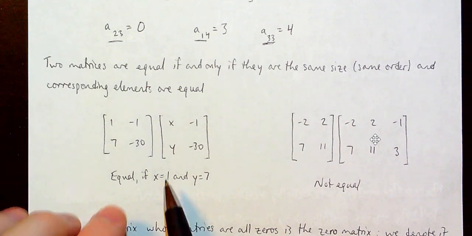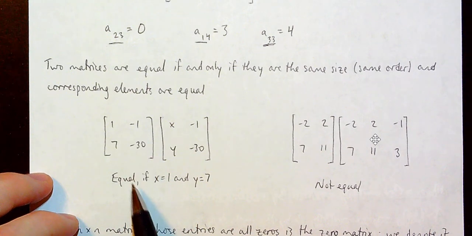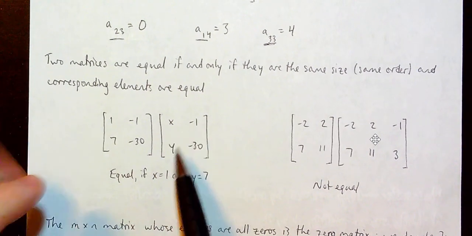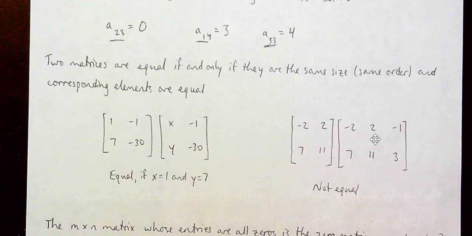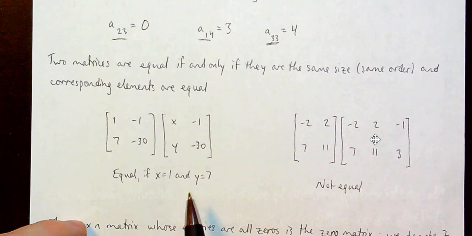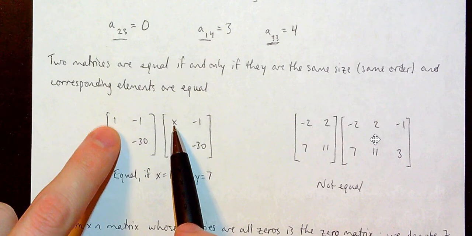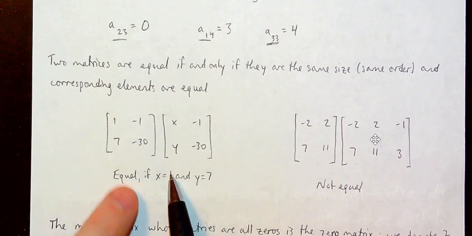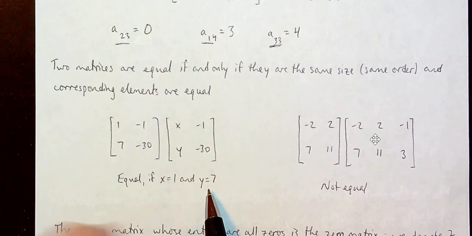So the two matrices at the left here, if you saw 1, -1, 7, and -30, and then you saw x, -1, y, and -30, and you knew that these things were equal, and they wanted to know what the values of x and y were, then the only way these two matrices are equal is if these elements are the same, that is to say x is equal to 1, and if these elements are the same, that is to say y is equal to positive 7.